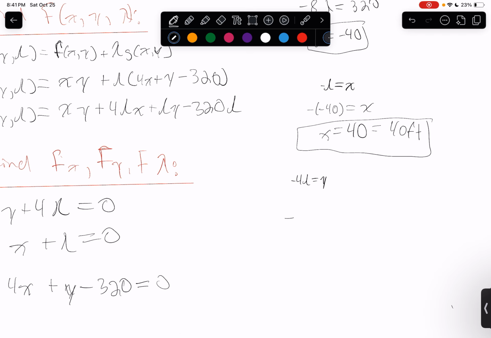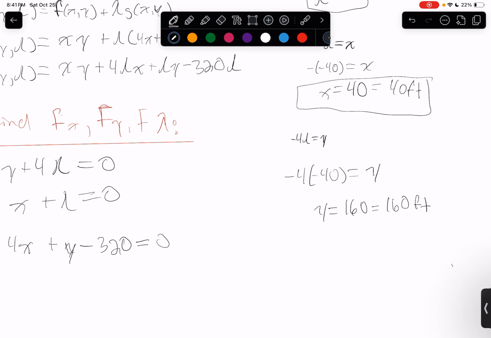So negative 4 times negative 40 equals y. All right, we're going to do some multiplication and find out that y equals 160, which equals 160 feet. What do you know?